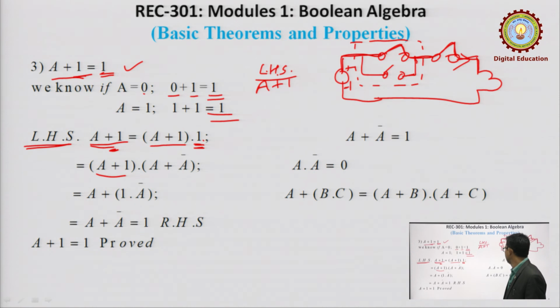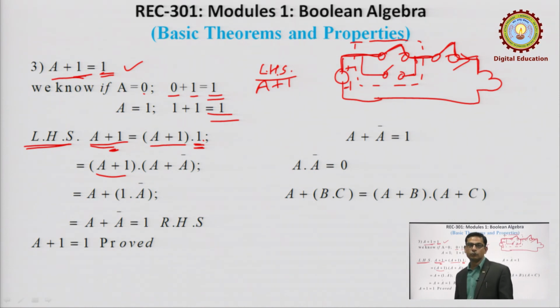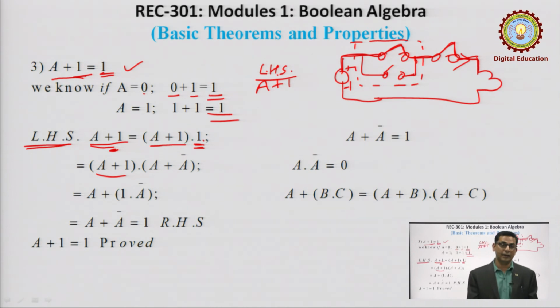A plus A bar, because we know that two switches are connected in parallel, but their state always remains opposite. Like if one switch remains high, the second will remain low. If one switch is in on state or closed, the second switch will be off or open, but they are connected in parallel.